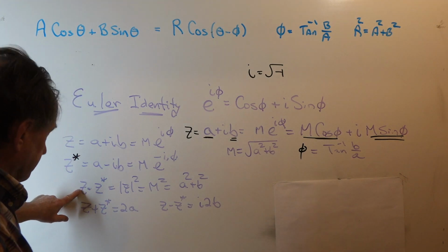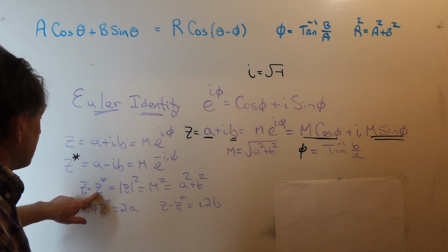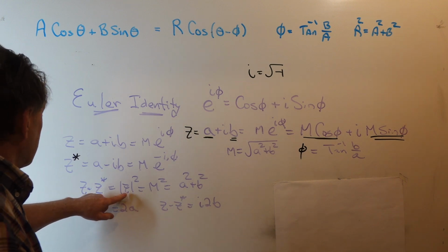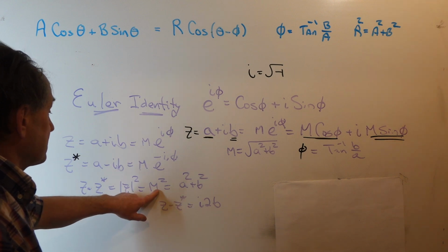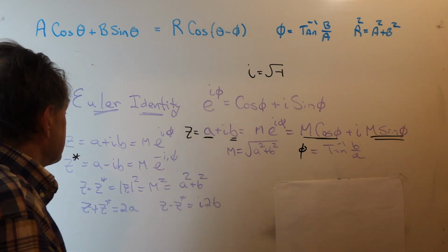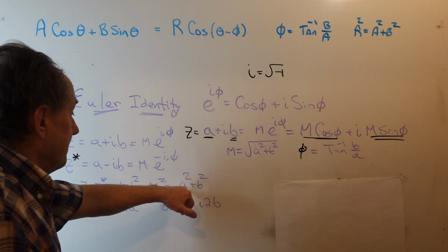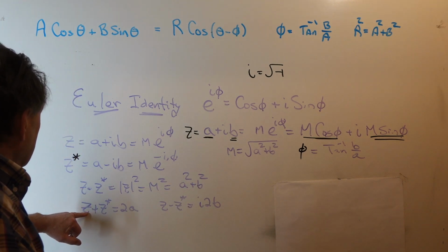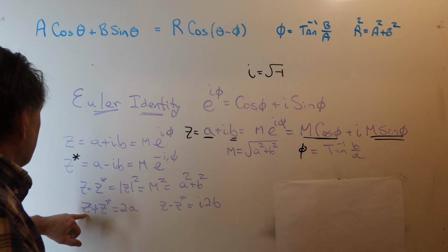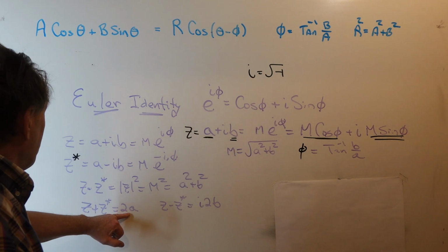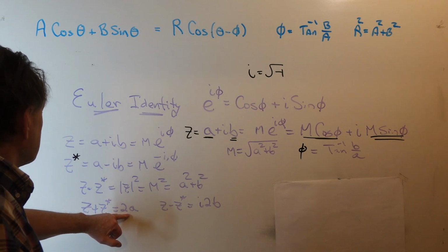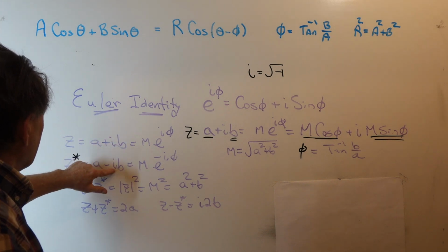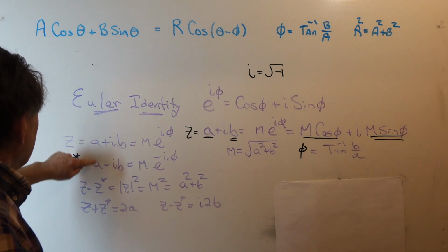Now also, a complex number times its conjugate gives us the magnitude of the complex number squared. So z times z conjugate is M squared, which is a squared plus b squared, the sum of the real part squared plus the imaginary part squared. If we add a conjugate to the complex number, we get twice the real part. z plus z conjugate gives us 2a. You can see that here. If I add these two, the imaginary parts cancel and we end up with 2a.